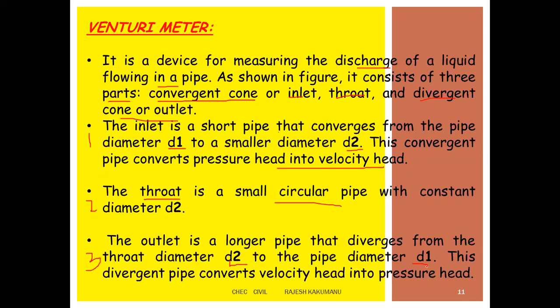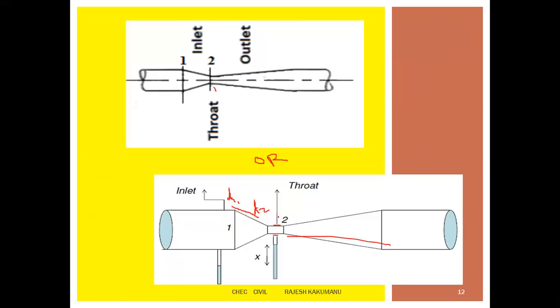So whatever the diameter is in the inlet, the same diameter is there for this outlet. See the figure, from here again it takes the D2 diameter and comes back to the diameter D1. That is the meaning, right?